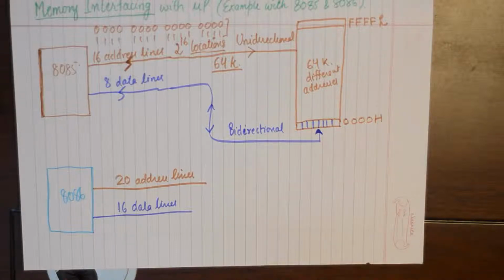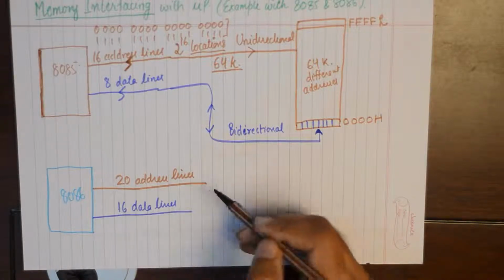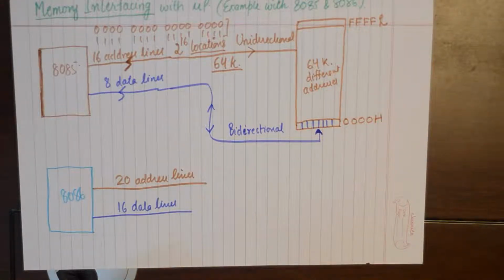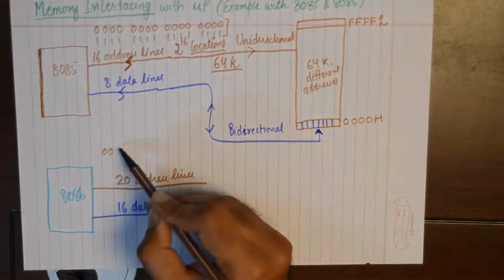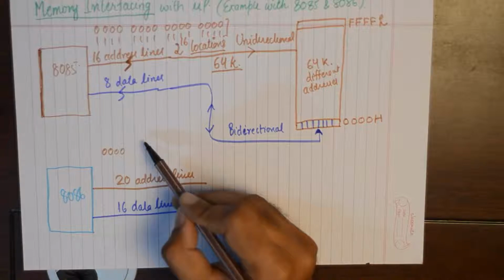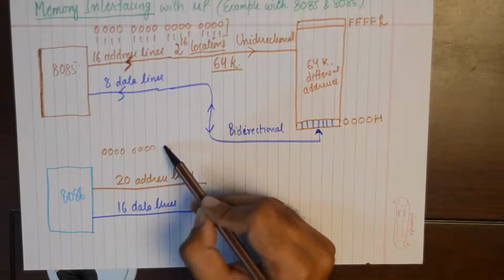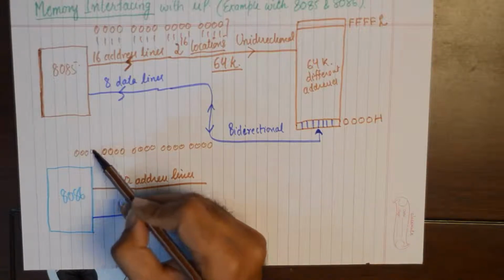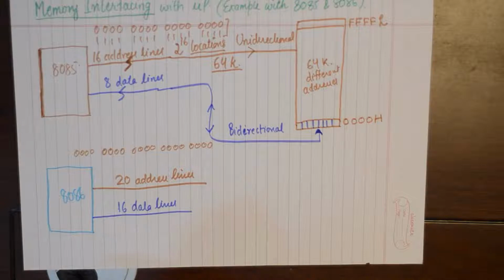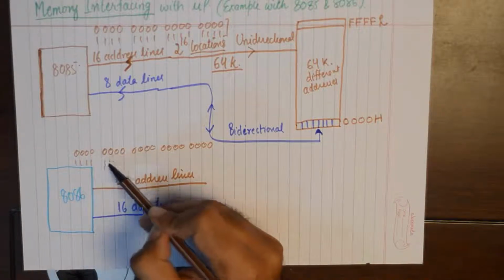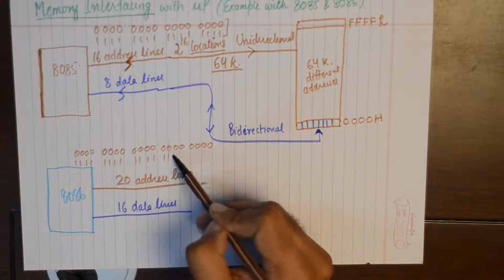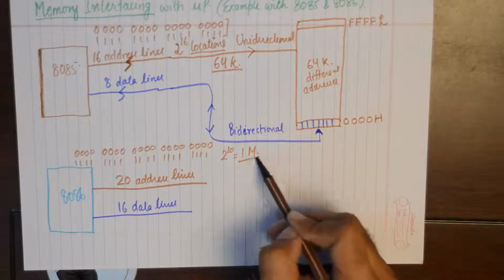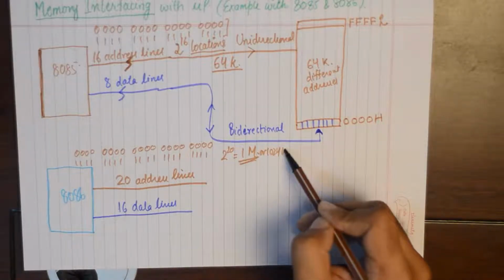It means that it can go to a memory which has an address which is 20 bits long, ranging from 20 zeros to 20 ones, and 2 raised to the power 20 is 1M or 1024K.